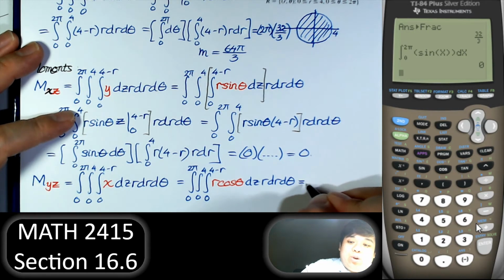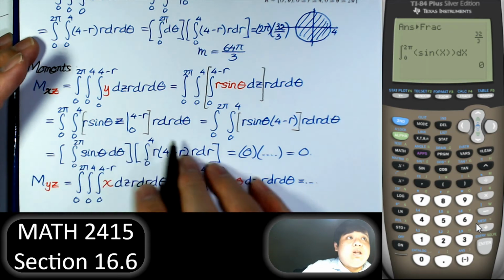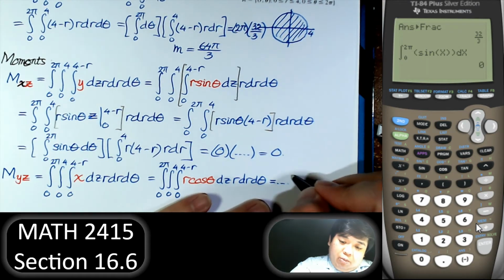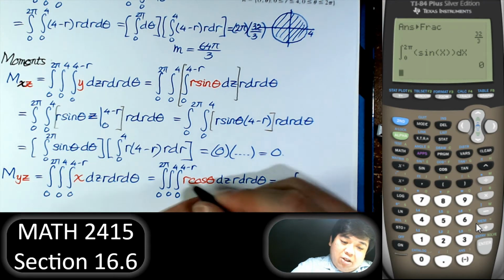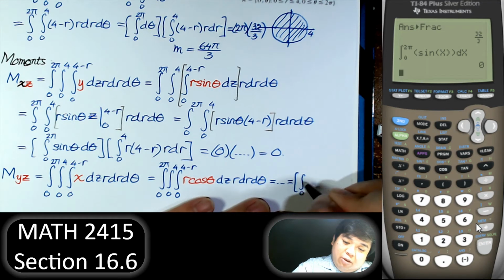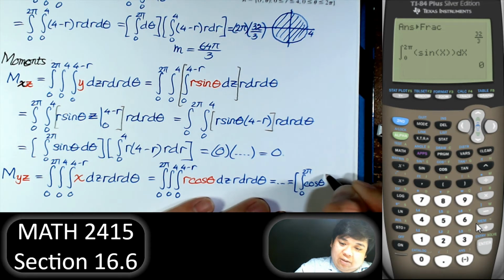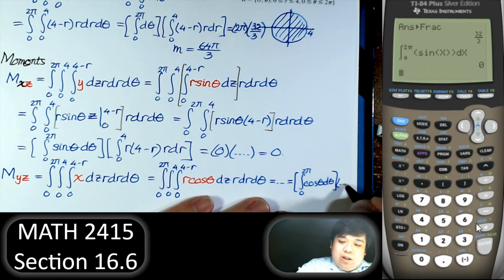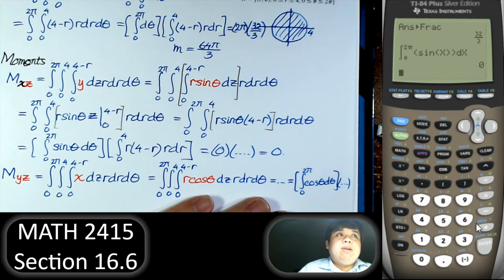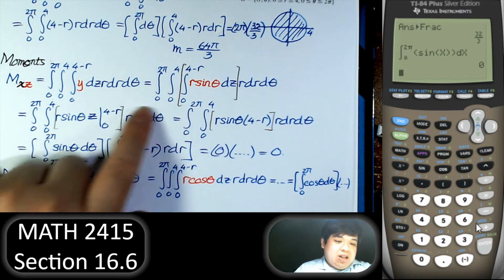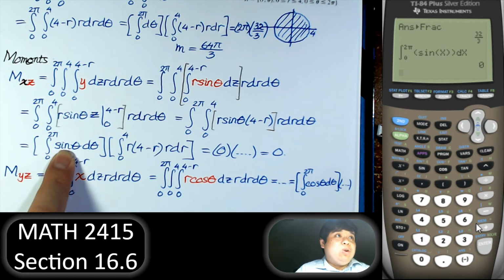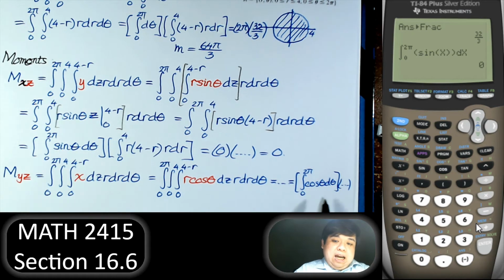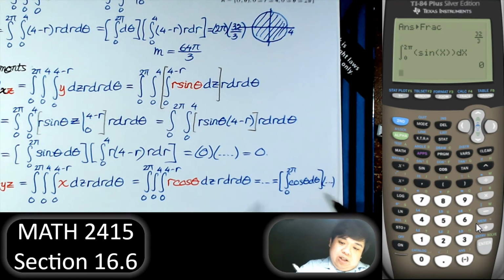Now we don't have to do this because this will work the same way. Bottom line, after some calculation, we should have the integral from 0 to 2 pi of cosine theta d theta, which is 0 times something. So pretty much just like this, except we're going to have cosine instead of sine, and cosine integrates to 0. So this is equal to 0.